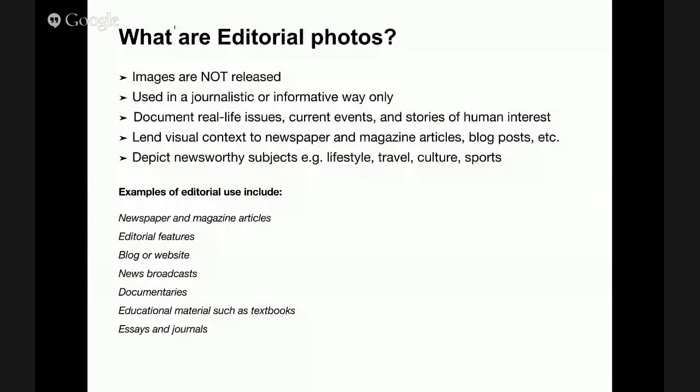We really want subjects that cover things like stories of human interest, current events, lifestyle, travel, culture, business, sports. These are the kind of things that are going to get picked up by newspapers. That's the kind of relevance that we're looking for. And because we're not a newswire service, things like lifestyle, travel, culture, and sports are almost timeless, in the sense that somebody can use them for years after they've been shot, because we don't really cater to that newswire service type market just yet.